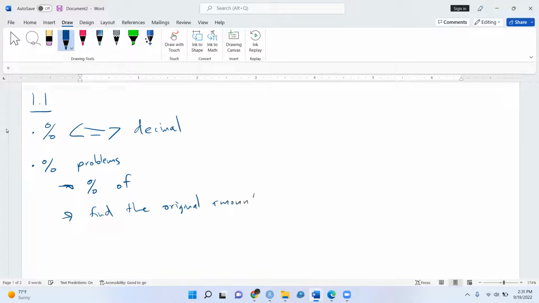And that's where maybe I give you a percent discount and you use that to find the original. Or maybe I give you the sale price and you find the original. So there's a bunch of variations of this. Find an unknown given a bunch of others.